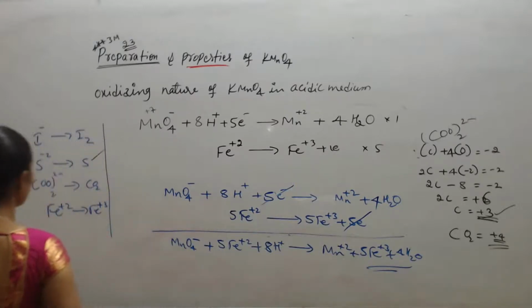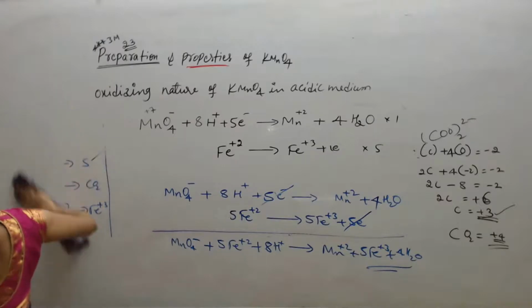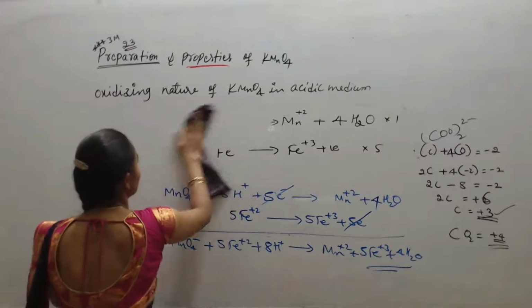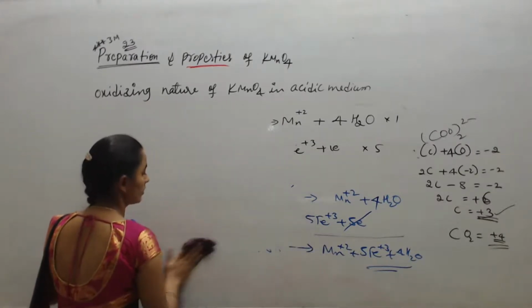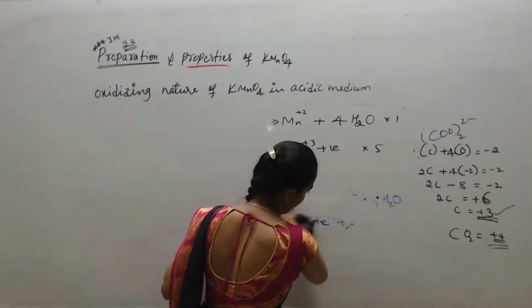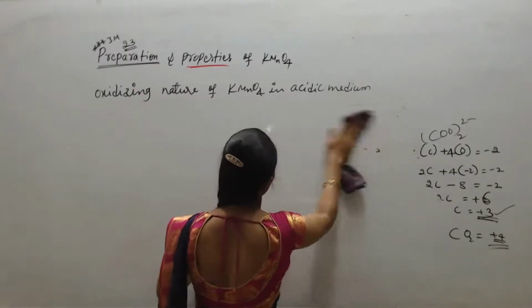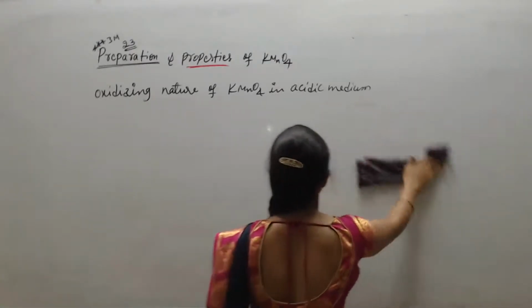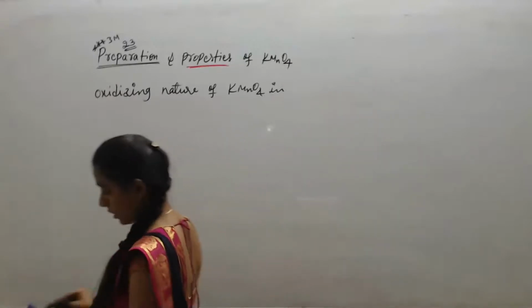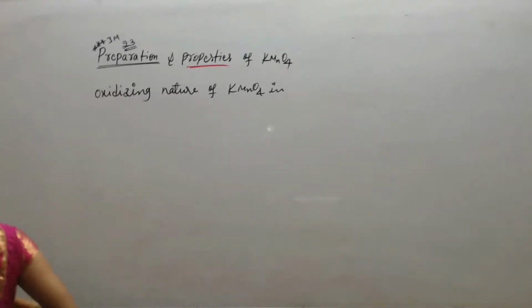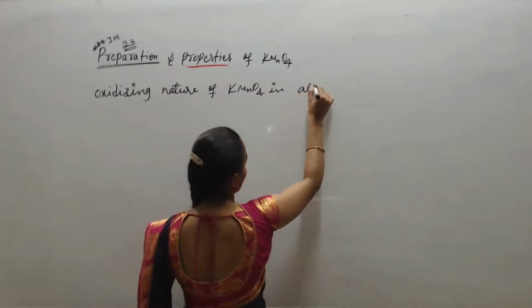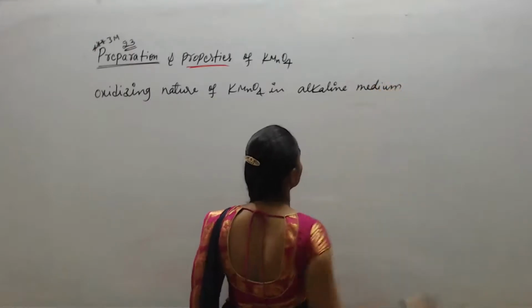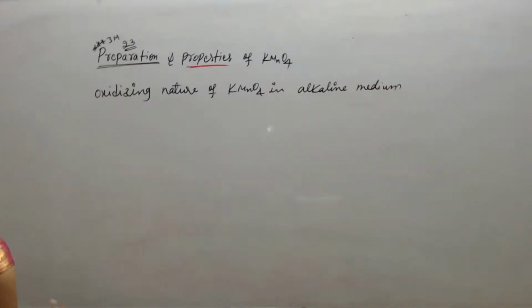Okay, so the next one is the oxidizing nature of KMnO4 in alkaline medium. Okay, remember this. So here what happens, students?